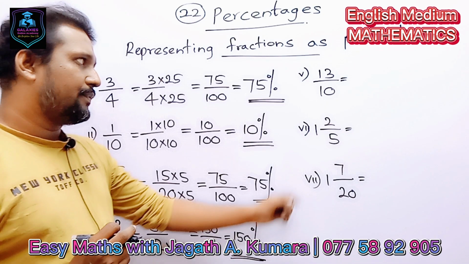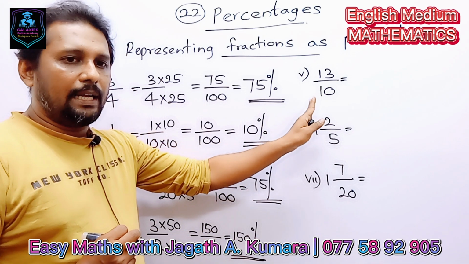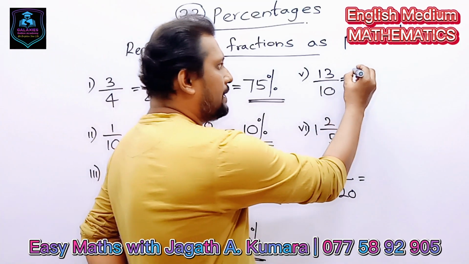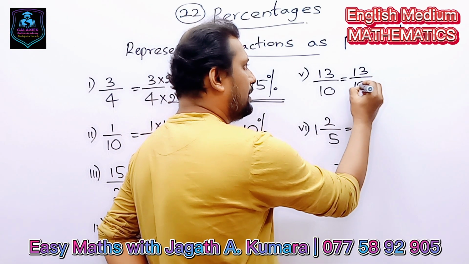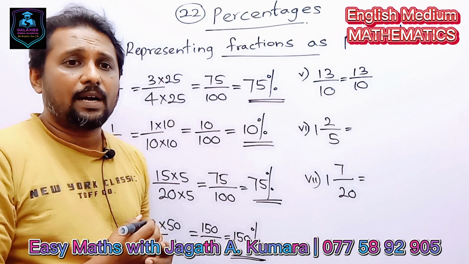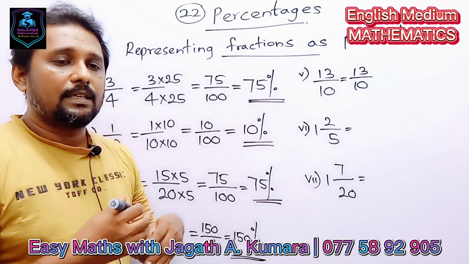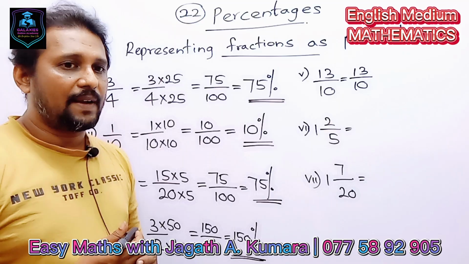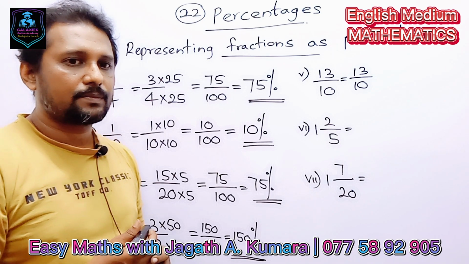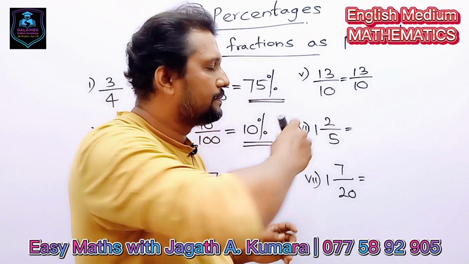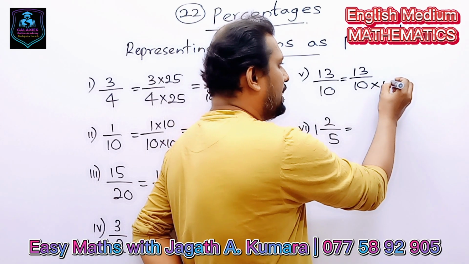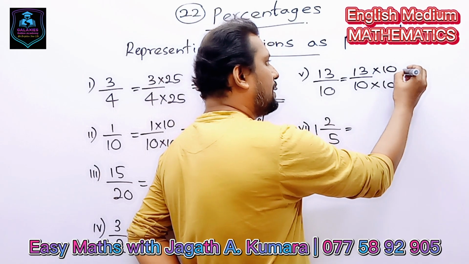Then look at fifth one, 13 over 10. The denominator is 10. We want to convert into 100, no? So you have to multiply this fraction by which value? 10. Both denominator and numerator you have to multiply by 10.